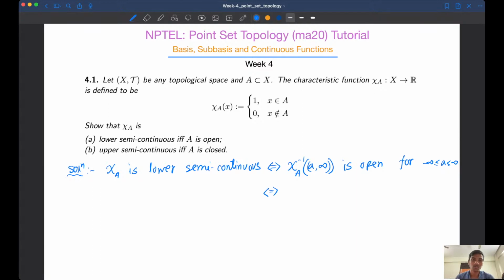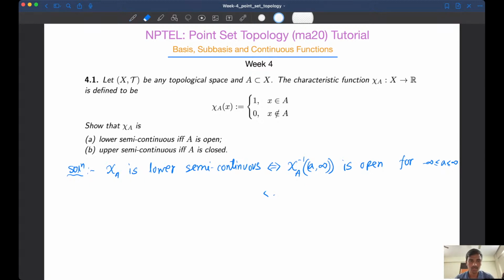So if a is less than 0, then the inverse image will be the whole of X. Otherwise, if it is something in between 0 and 1, then the inverse image will be only A, right?